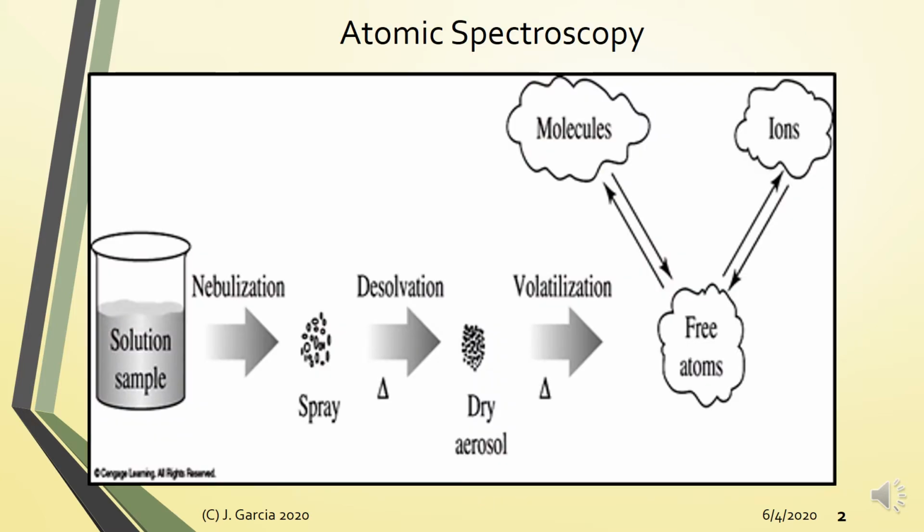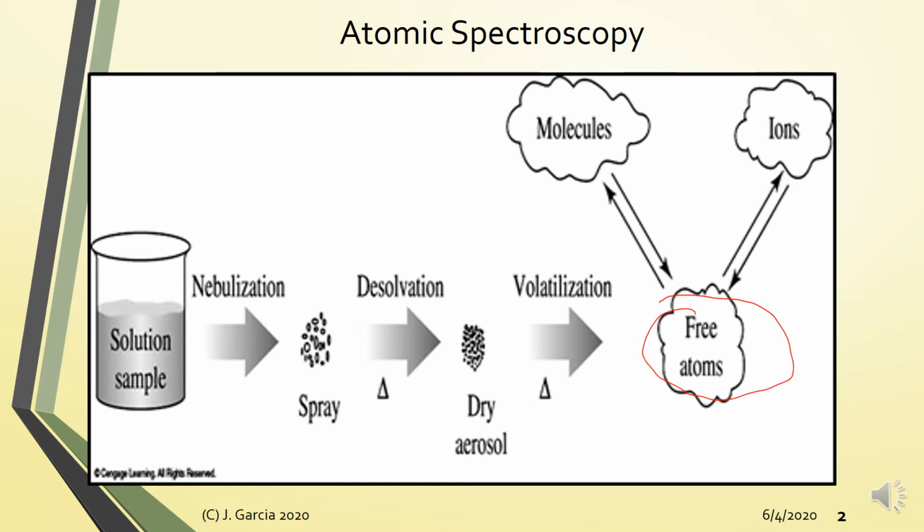Okay, so the process of atomic spectroscopy starts with the conversion of your analyte into free atoms. This is very important, no? Because as we've learned from the theoretical aspects of spectroscopy, different chemical species will exhibit different interactions with electromagnetic radiation.